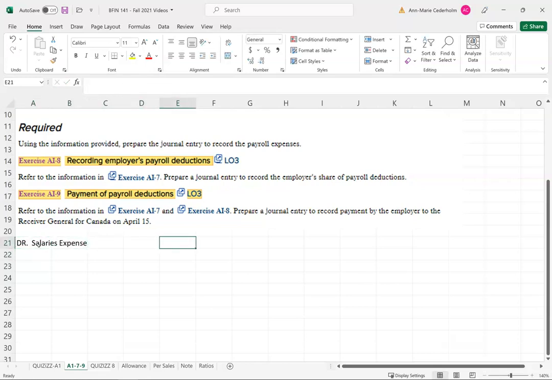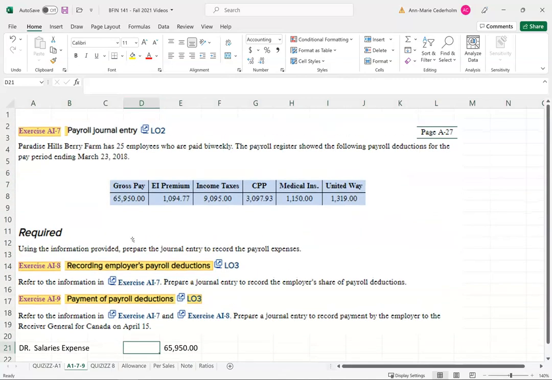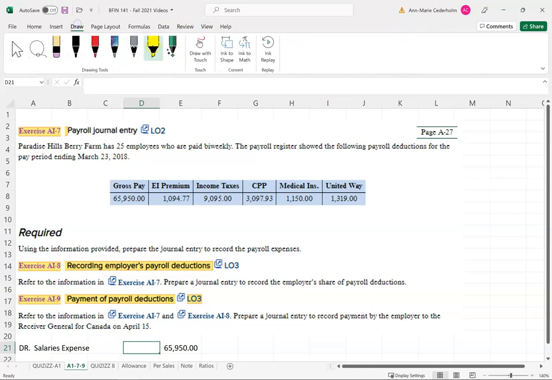And the amount was 65950. And just a reminder that that's just this amount here, 65950.